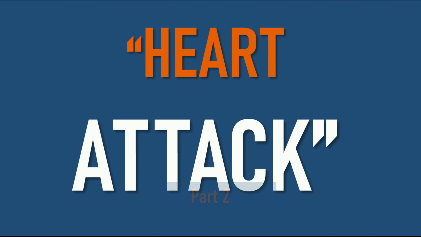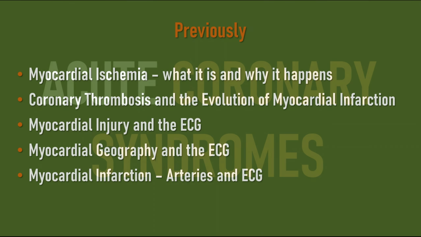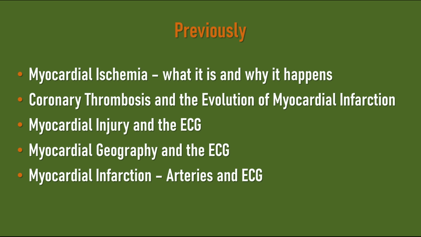Heart attack, Part 2. Acute coronary syndromes. In the previous tutorial, we looked at myocardial ischemia, what it is and why it happens, coronary thrombosis and the evolution of myocardial infarction, myocardial injury and the ECG, myocardial geography and the ECG, and myocardial infarction arteries and the ECG.